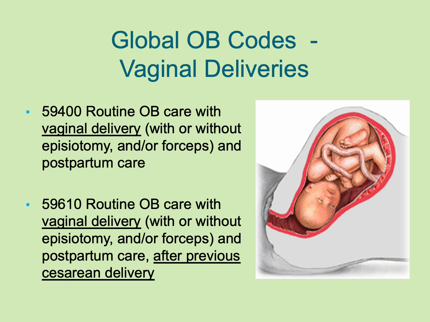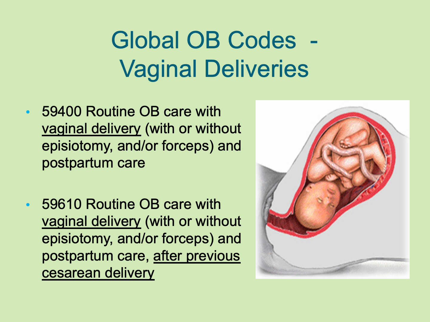Now, there are 4 possible global package codes. The specific code that you'll report depends on the method of delivery. So there are 4 possibilities. So if it's a vaginal delivery, here are the codes you're going to use.